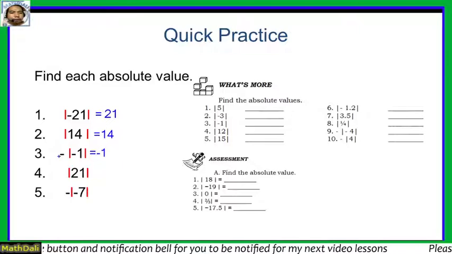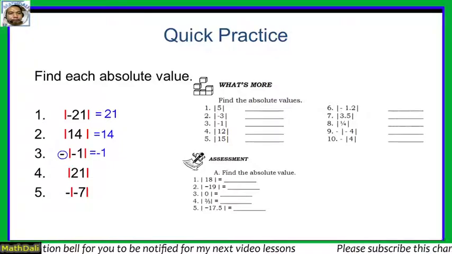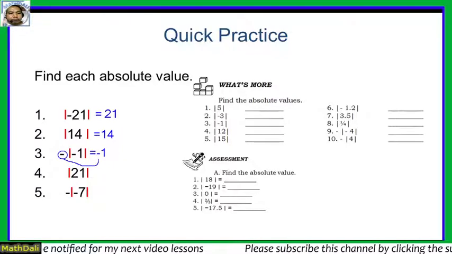Mapapansin nyo dito, meron tayong negative sign sa labas ng absolute value. Yan yung reason kung bakit naging negative yung sagot.